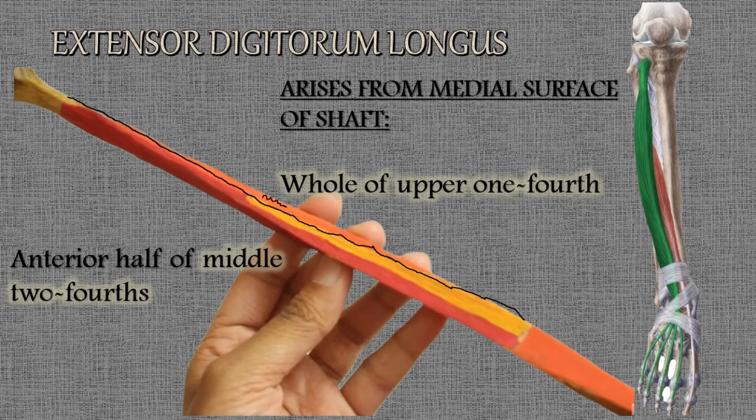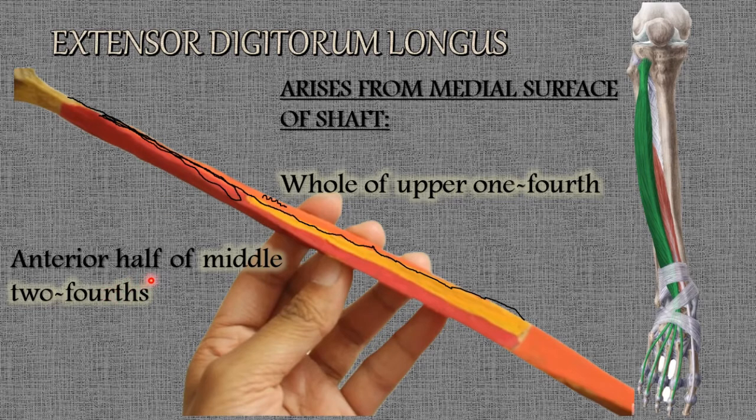So all of this upper 1/4 gives origin to the extensor digitorum longus. As you can see in this diagram, this is the extensor digitorum longus. So it is originating from the medial surface of the upper 1/4, the whole of the upper 1/4 of the medial surface.